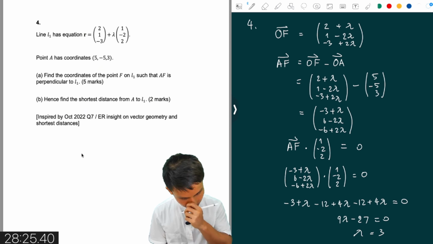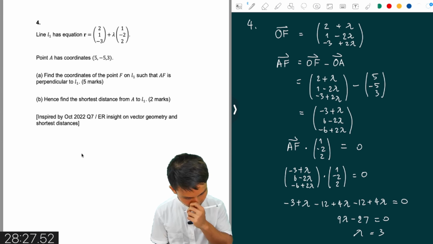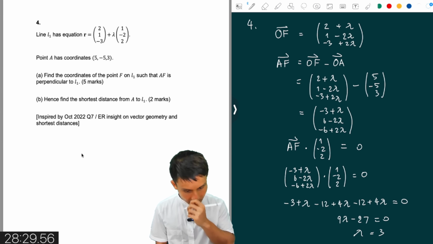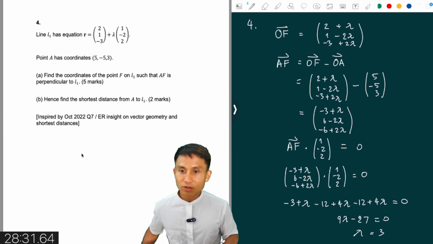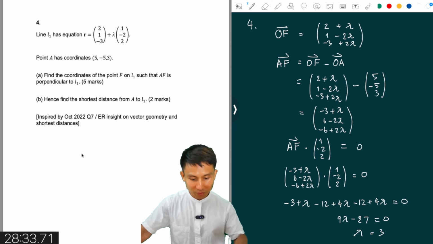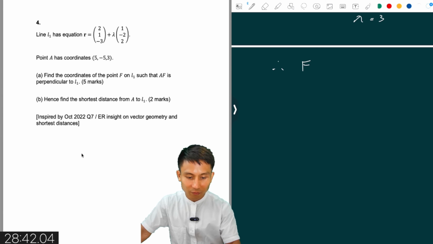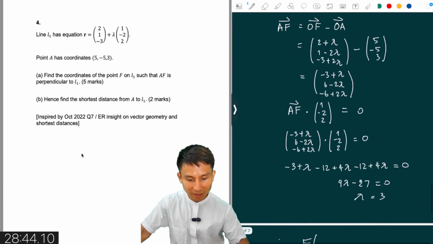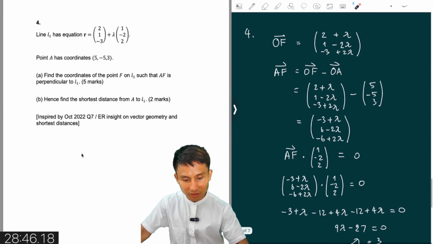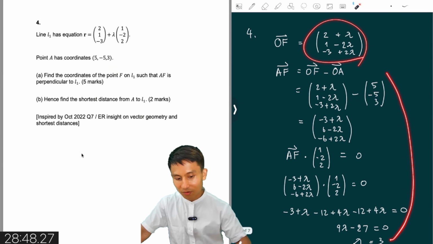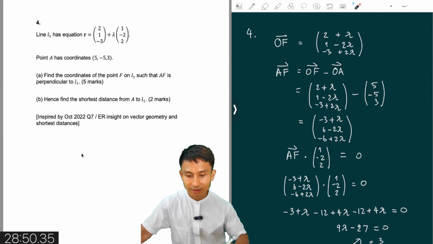Okay, and let me check everything. Yep, I'm happy with that. So lambda is 3. So that means we can find the coordinates of F. So that means OF or F. F will be the coordinates. Well, we can just use this, right? Just substitute now lambda into that.